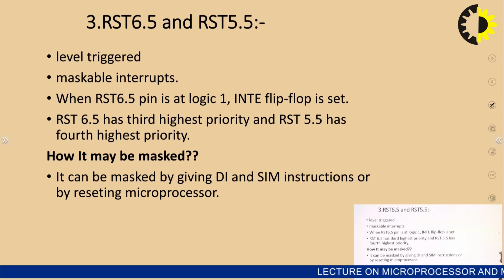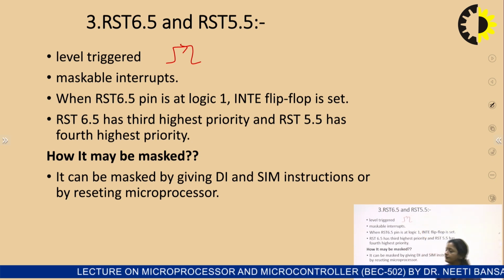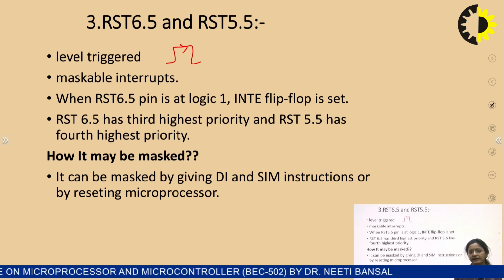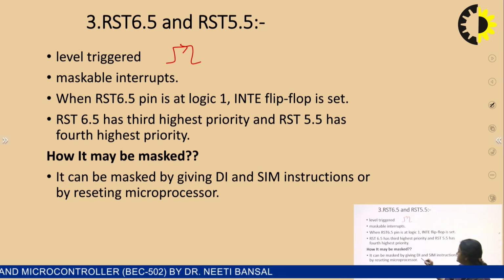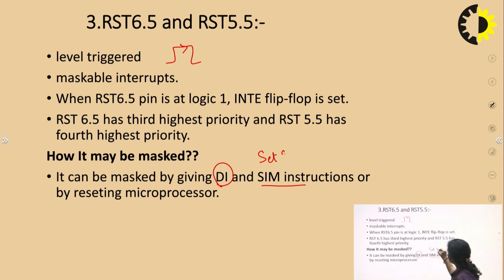RST 6.5 and 5.5. Both of these interrupts are level triggered, means they will be triggered either on high level or on low level. These are maskable interrupts. Again, these are maskable, so we can disable these interrupts whenever we want. How will they be disabled? By using again the DI command, that is disable interrupt command, and the SIM instruction. SIM instruction is set interrupt mask.